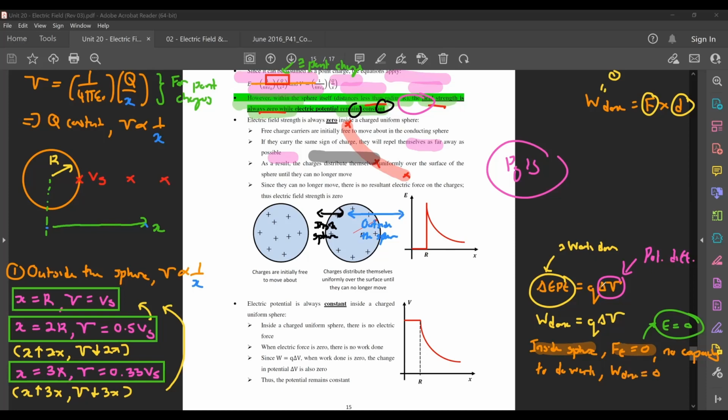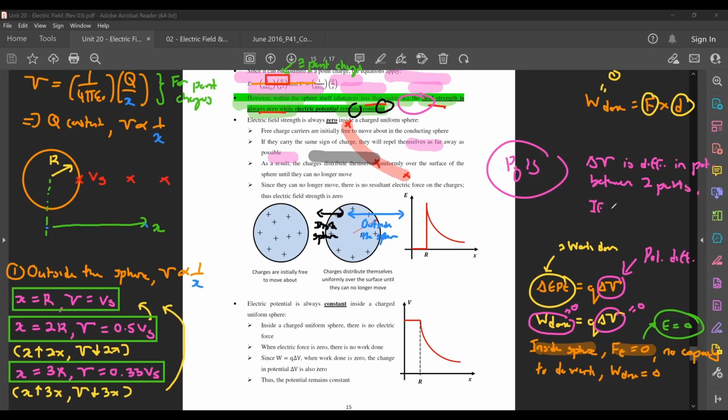Okay? Then when you look at the original equation here at the top, if work done is 0, doesn't this mean that your potential difference will be equals to 0? Because delta V is the difference in potential between 2 points.